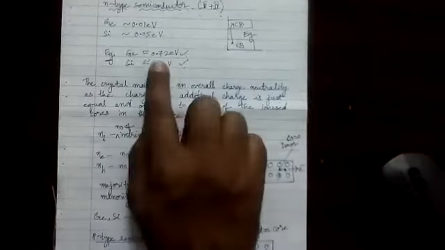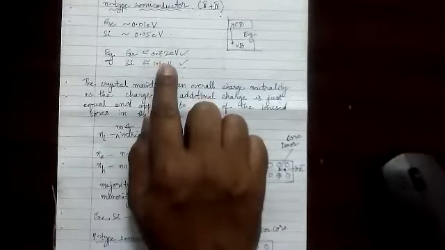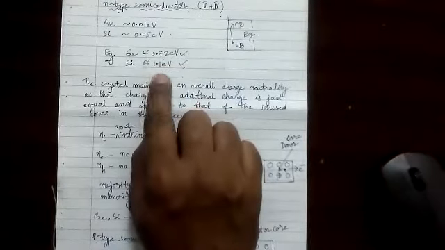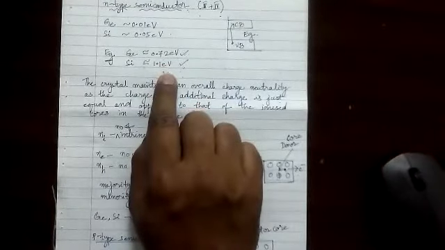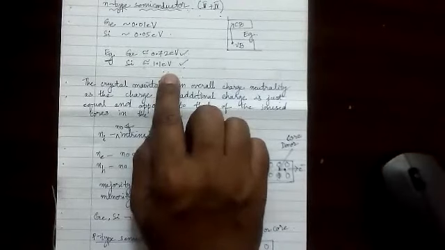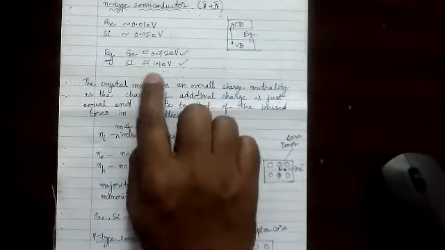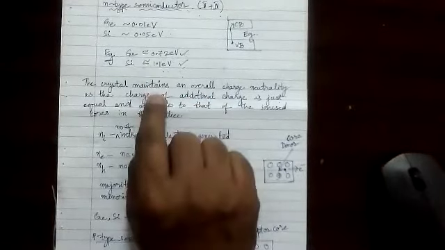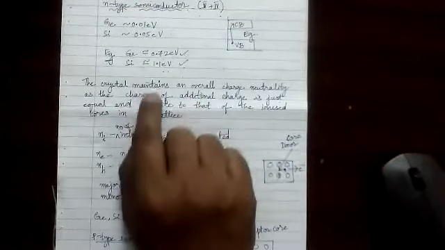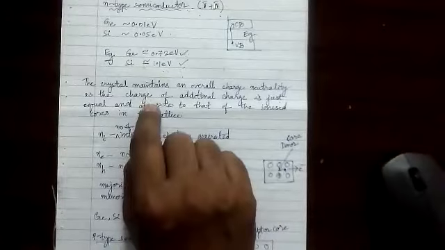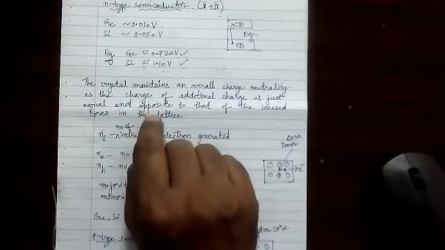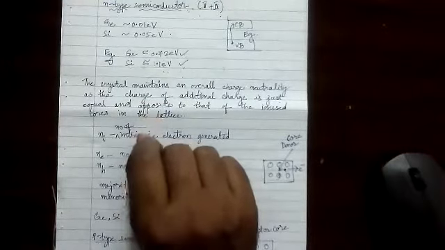The energy gap for germanium is 0.72 electron volt, and for silicon it is 1.1 electron volt. That is why we mostly use silicon in semiconductors. For very sensitive devices we use germanium, but it becomes expensive.